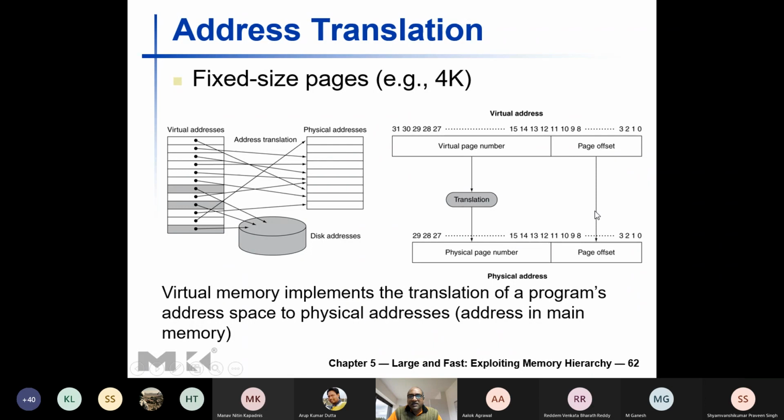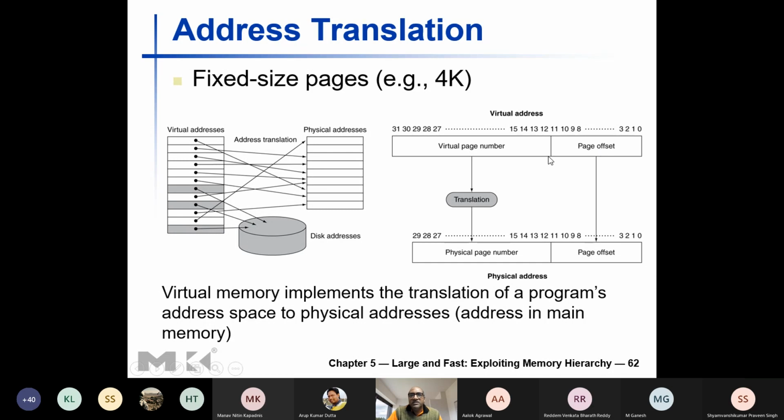This is the translation process. Assume that the CPU generates a 32-bit address, for example. In that, we know that there is a page offset. That means here the data will be organized in the form of pages. For example, let's take a page size equal to 4 kilobytes. So in these 32 bits, the first 12 bits indicate the byte offset within the page. That means a page is 4 kilobytes.